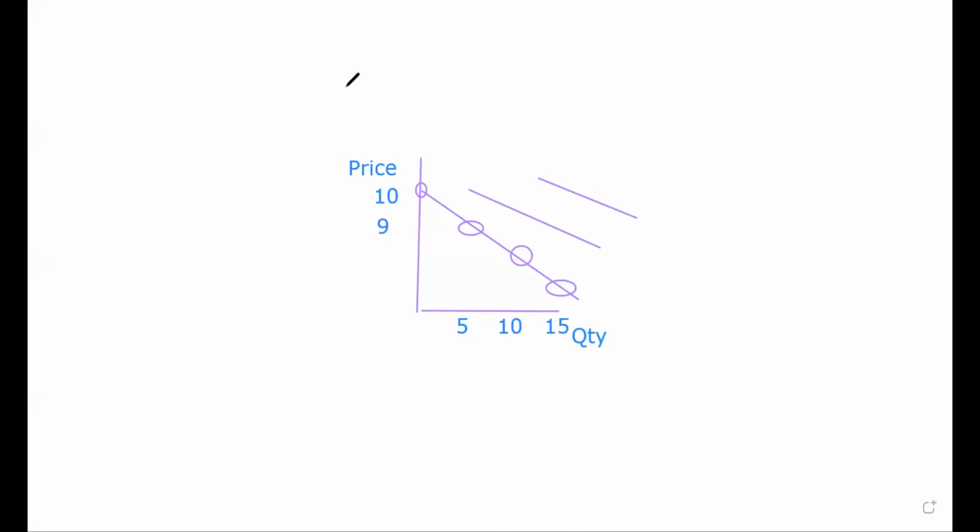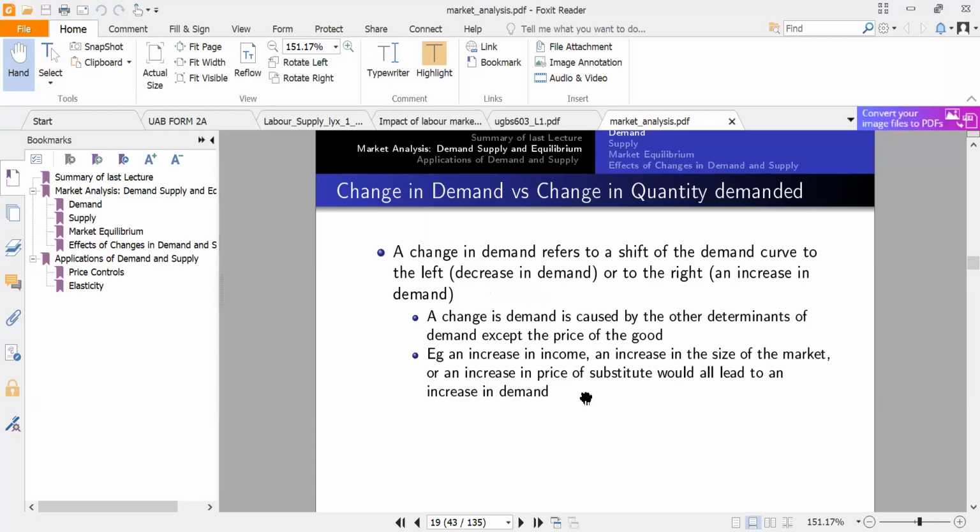A movement to the left is also a change in demand. So change in demand is a move. The curve itself has moved. We say that the change in demand is driven by all the other factors that we mentioned, such as the size of the market.